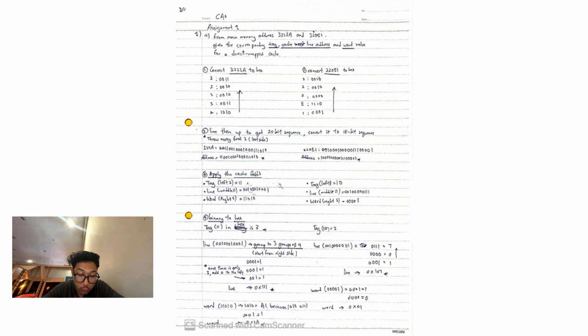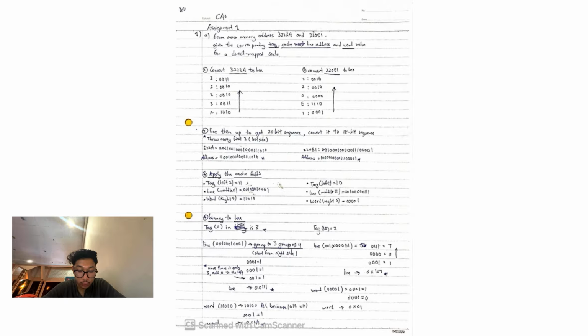The 3223A is 00110010001000111010 and 220E1 is 00100010001100000001, a 20-bit sequence. Now let's convert it to an 18-bit sequence so we can apply the cache fields.